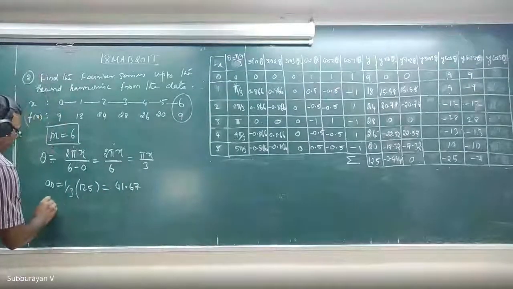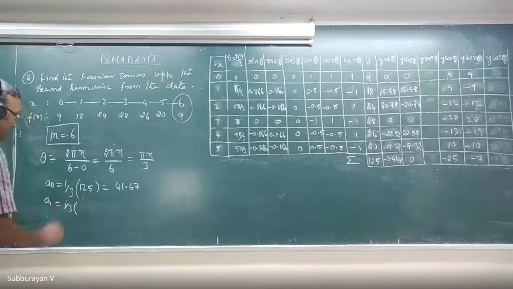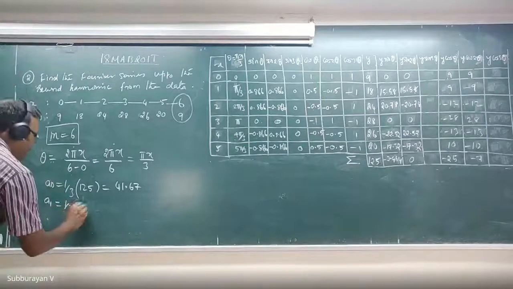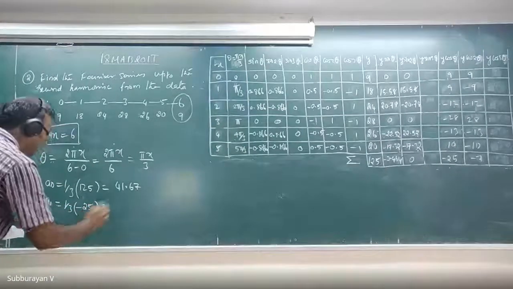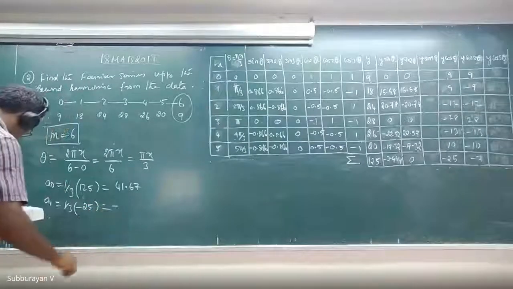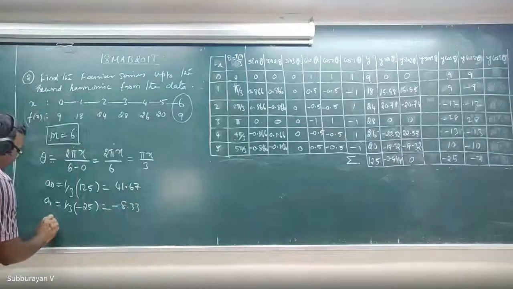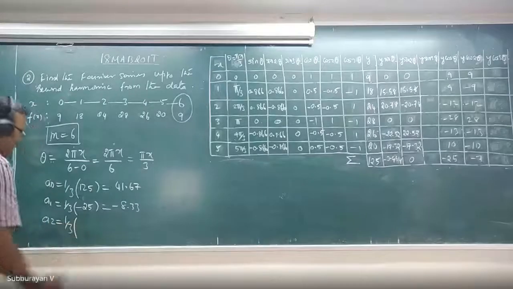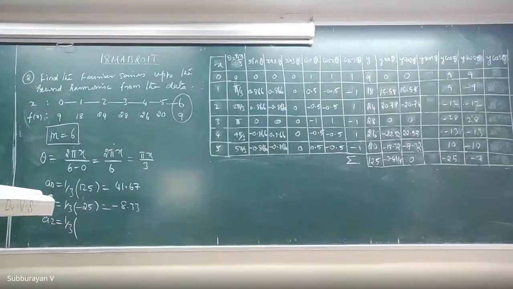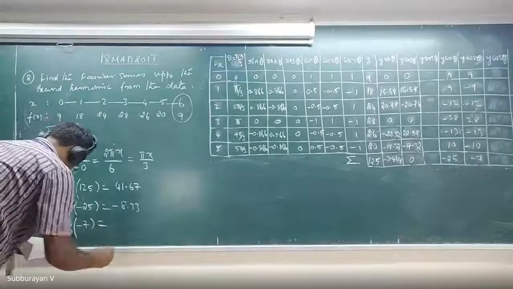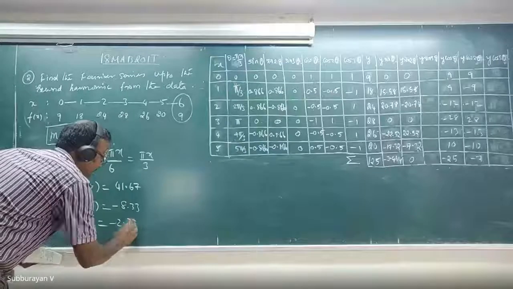And A1 is 1 by 3 into summation y cos theta. Y cos theta is minus 25, therefore this is minus 8.33. And A2 is 1 by 3 into summation y cos 2 theta. Y cos 2 theta is negative 7, therefore this is minus 2.33.